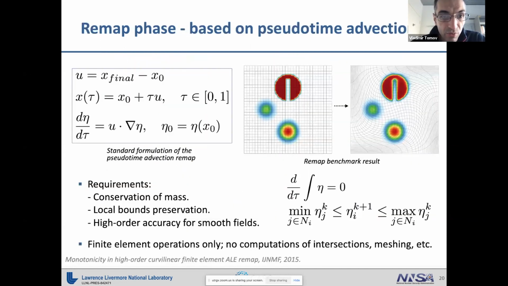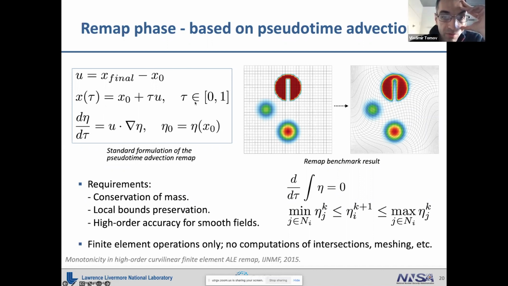So let's move to the remap now. The remap, again, the idea is that we have two meshes, and we want to move the solution from one mesh to the other, ideally without changing it. Of course, there will be some diffusion. The way we do it, we define, again, a PDE. It's pseudo-time advection. So U is the mesh velocity, just the difference between the meshes.